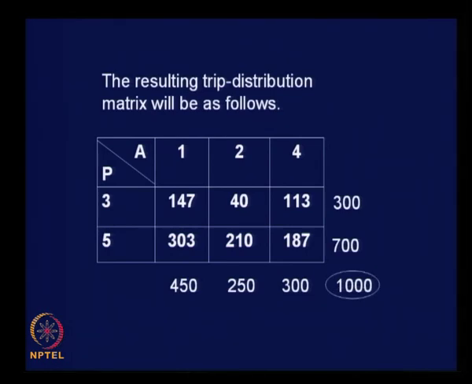Please note that these numbers were given to us, right. P3 was 300, P5 was 700, A1 was given to us as 450, A2 250 and A4 was given to us as 300. Had I changed this 40 to 41, we will have problem here, right.